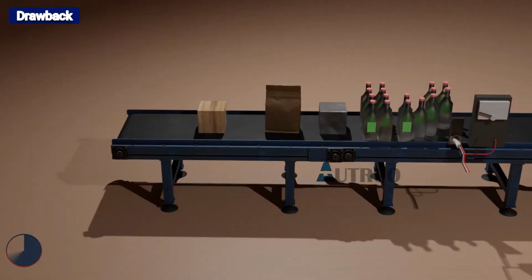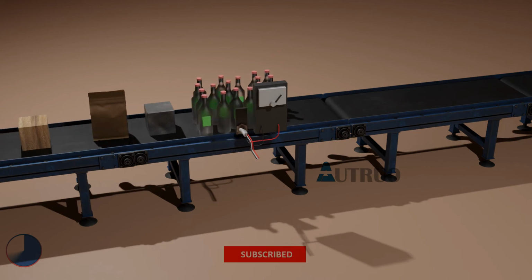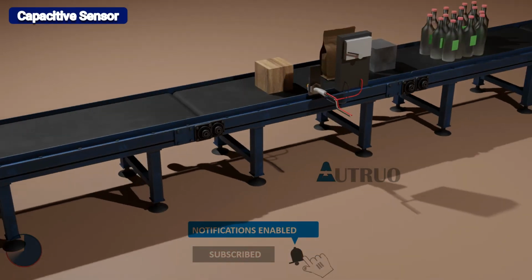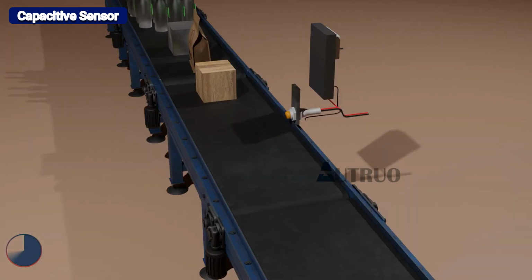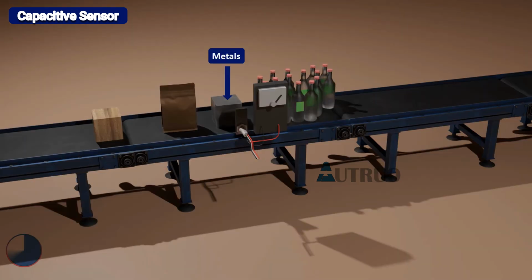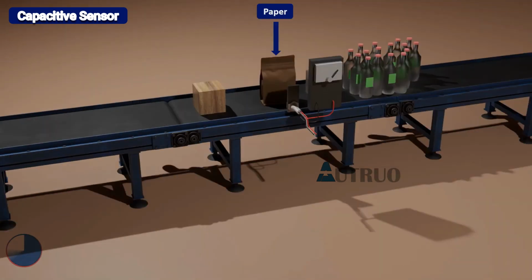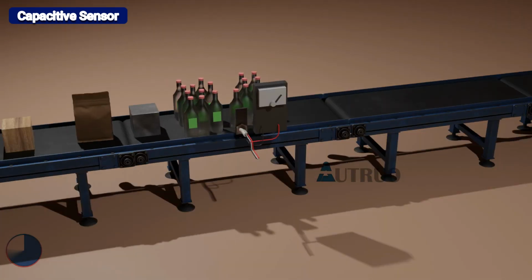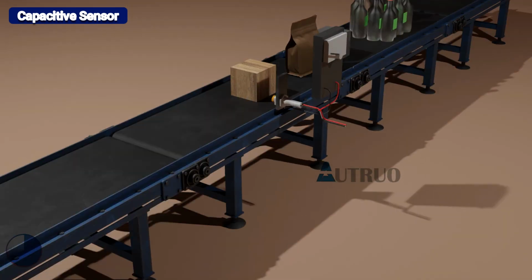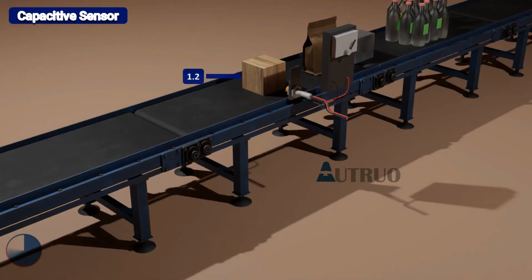Capacitive sensor. A capacitive sensor is an electronic device that is used to detect any object, regardless of the material composition. For example, liquids, woods, metals, paper, etc. The sensing objects must have a dielectric constant of 1.2 or more.